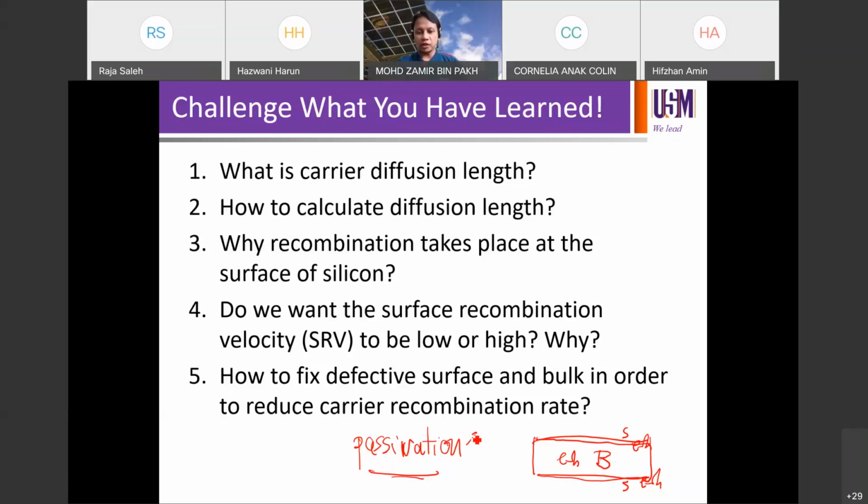So this passivation can be surface passivation to suppress surface defects, and it can also be bulk passivation in order to suppress bulk defects. Okay, so this is the gist of the previous topic. If you're okay with this, then you should be all right with the previous one.